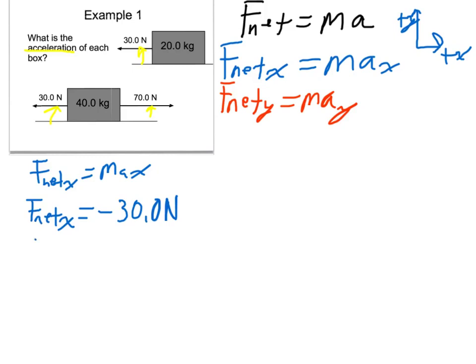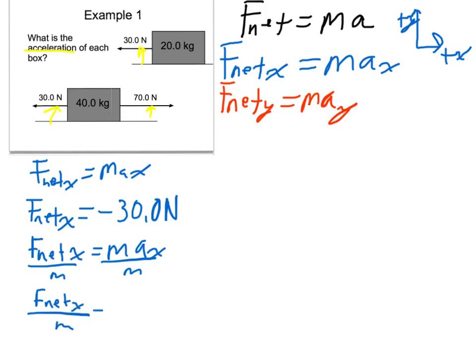And we know that F net x equals mass times acceleration in x. We're trying to find the acceleration, so let's solve for it. If we want acceleration, we divide by mass to get acceleration by itself. So F net x over mass equals the acceleration in x.